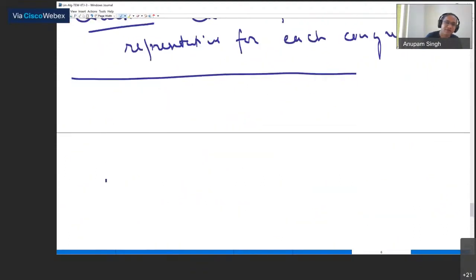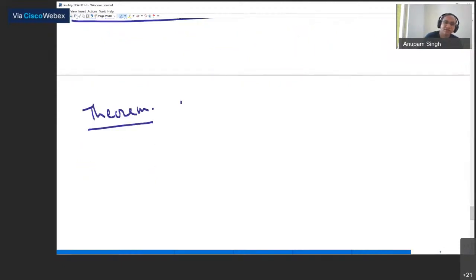So let's write down this theorem, which classifies, let's say, symmetric bilinear forms.